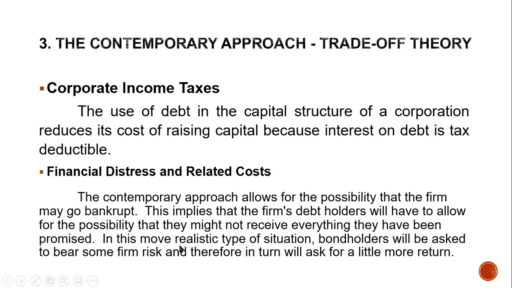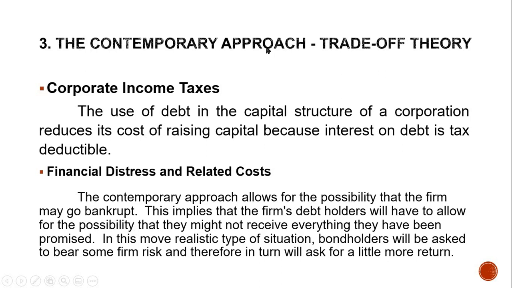So in this move, because it considers other instances that may make the investment of its investors risky, in this realistic type of situation, bondholders will be asked to bear some firm risk, and therefore, in turn, will ask for a little more return.